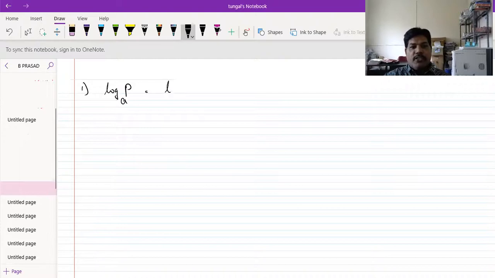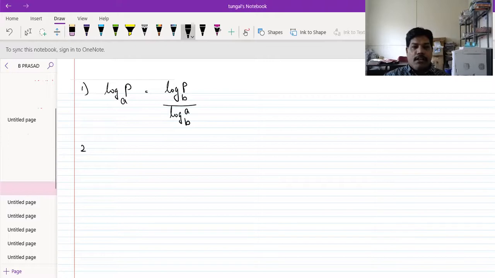Log P base A can be written as log P base B by log A base B.